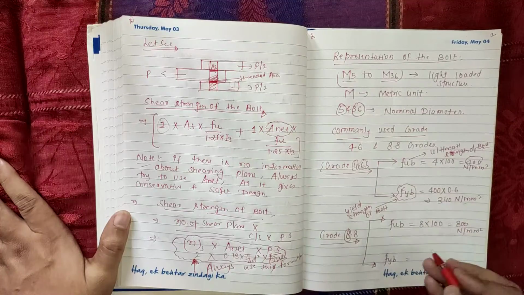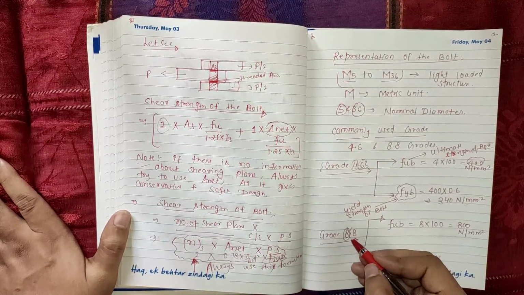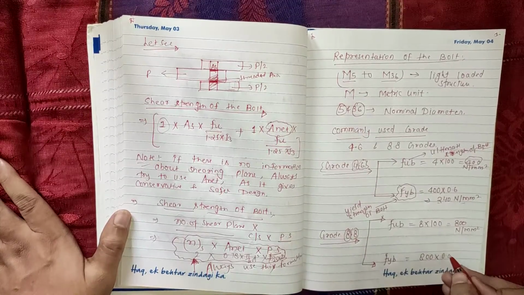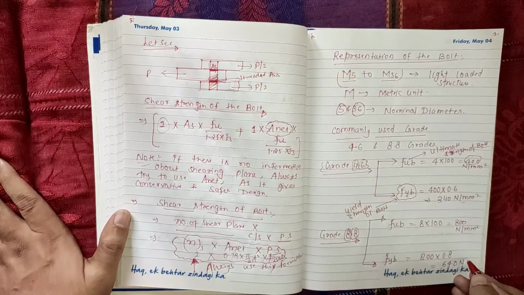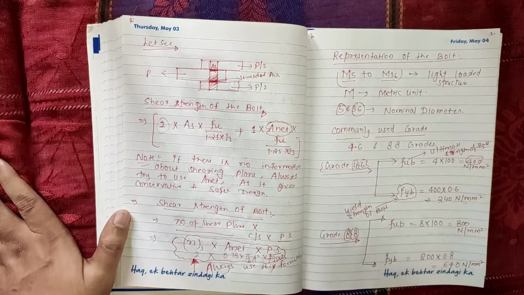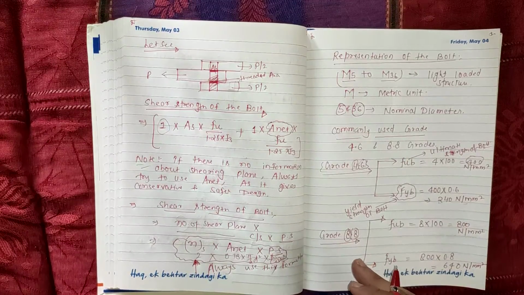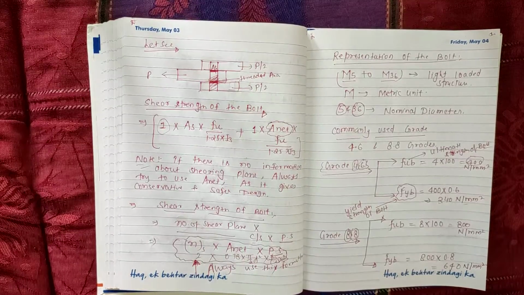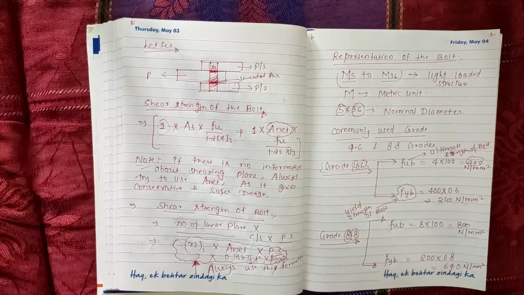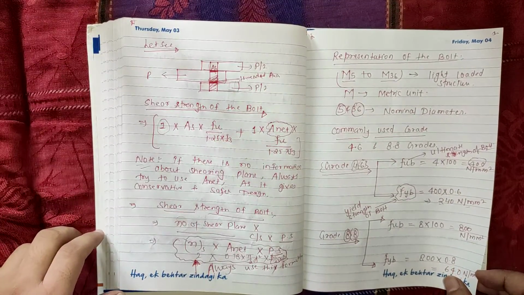This value is 800 multiplied by 0.8, it comes 640 Newton per mm square. Is it clear? So now you know the meaning of the 4.6 and 8.8. Okay, got it?